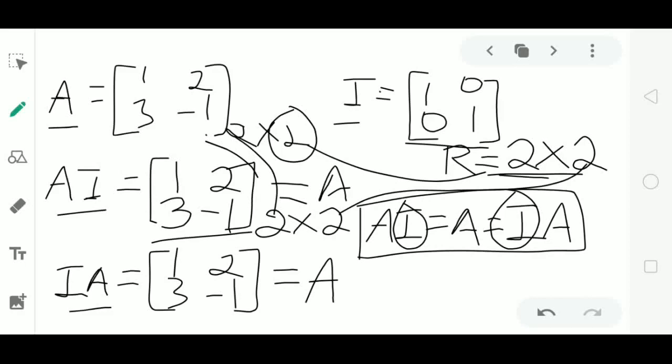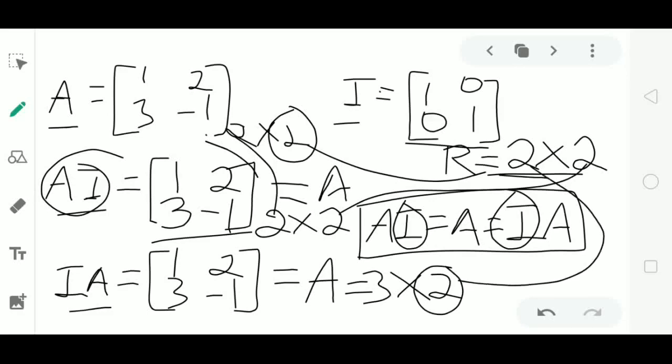Now suppose the matrix A is not a square matrix, that is, suppose matrix A is of order 3 by 2. Then to find the matrix AI, the condition is that the number of columns of A must be equal to the number of rows of I. It is satisfying the condition, so we can define AI.